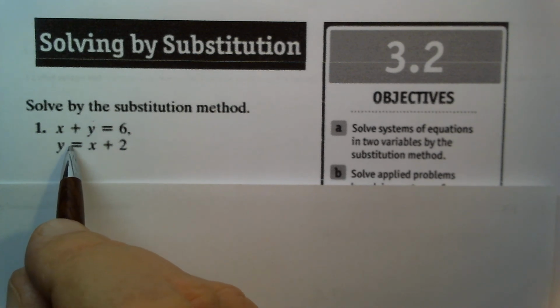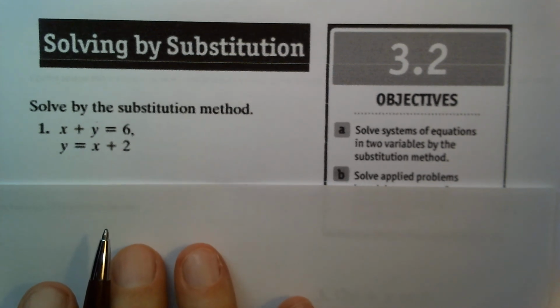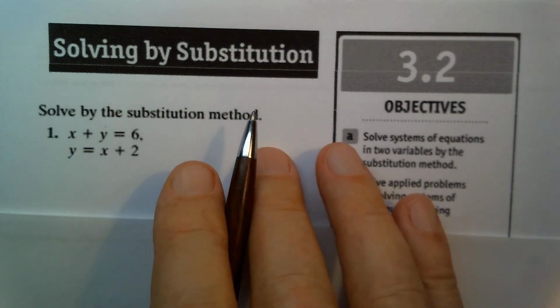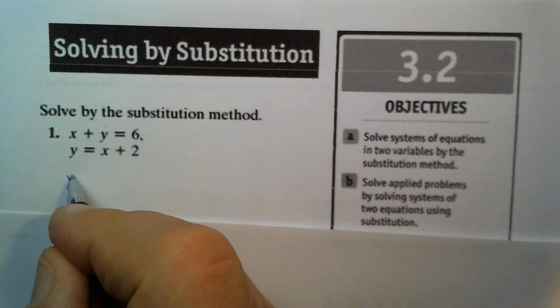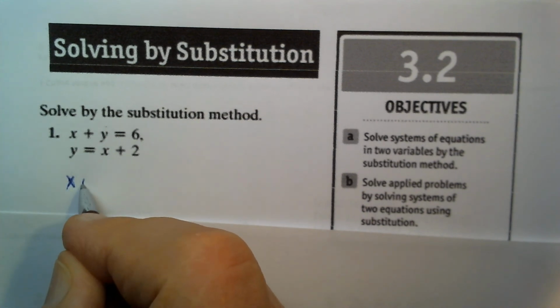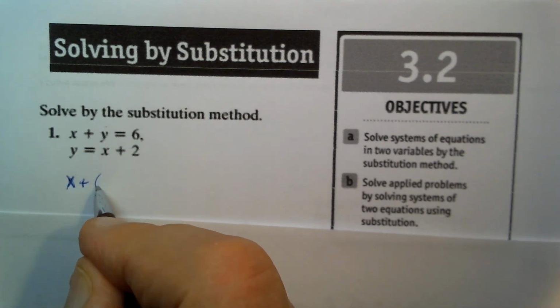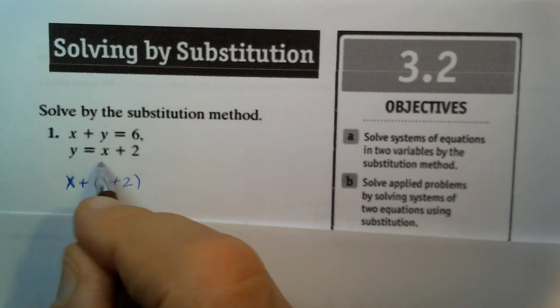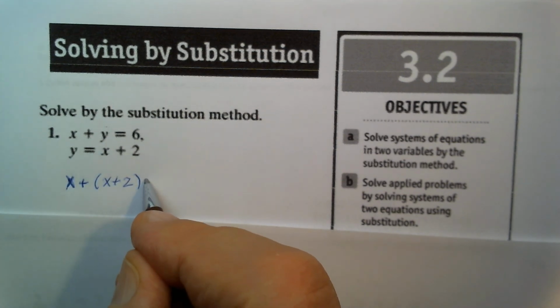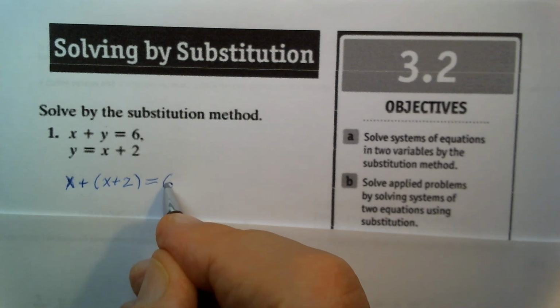Obviously it's the same. We have an equal symbol here. So then equation number 1 becomes x plus, and I'm going to put this in parentheses just to be very explicit, x plus 2, because that is what y is, equals 6.